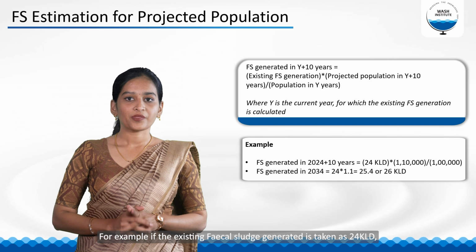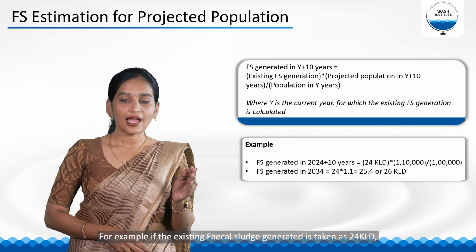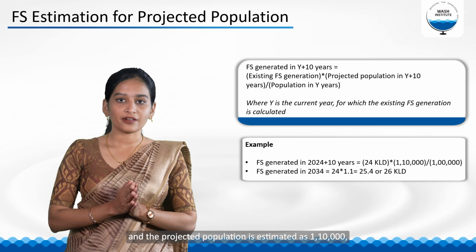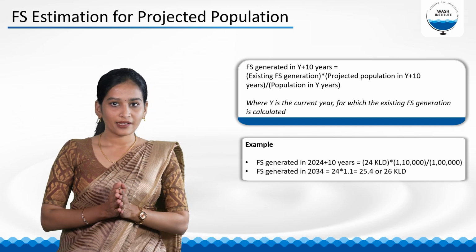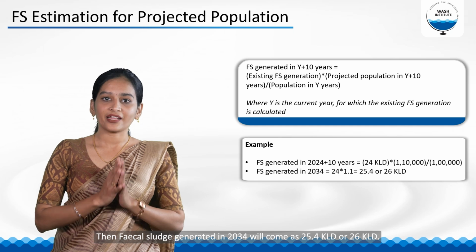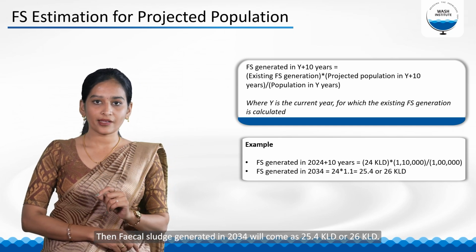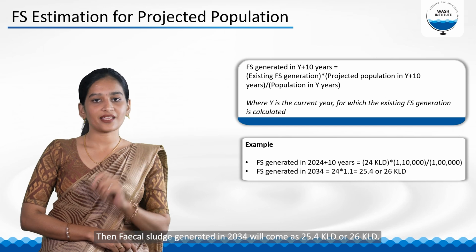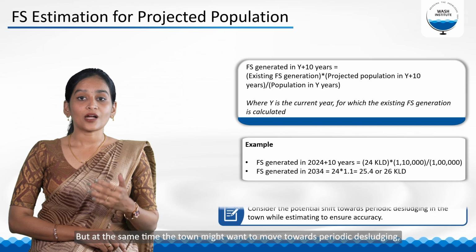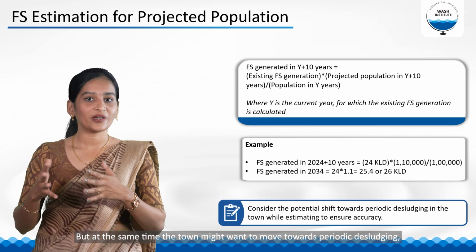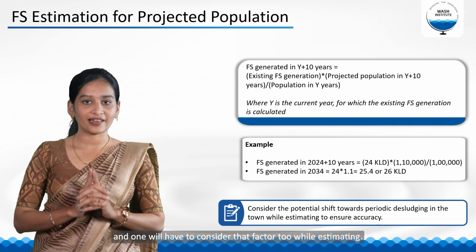For example, if the existing fecal sludge generated is taken as 24 KLD and the projected population is estimated as 1,10,000, with the current population as 1 lakh, then fecal sludge generated in 2034 will come as 25.4 KLD or 26 KLD. But at the same time, the town might want to move towards periodic desludging, and one will have to consider that factor too while estimating.